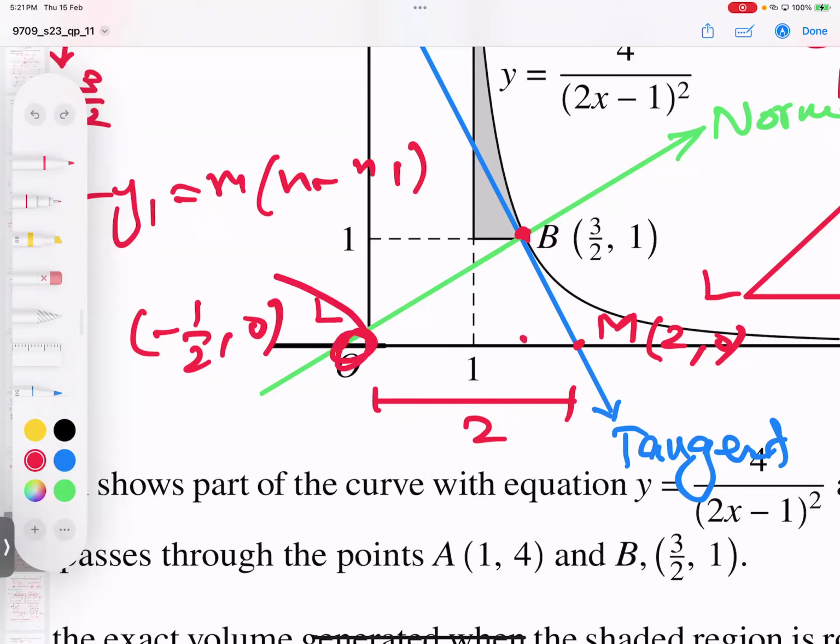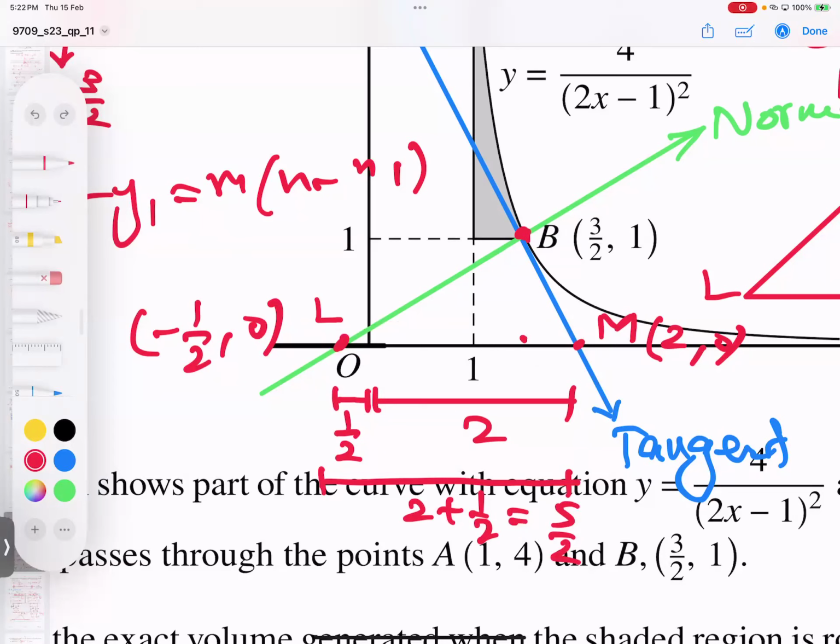This small gap is half. This gap is 2 and this gap is negative half, where negative is just for direction. I will not take negative, I take length. So what is the total gap from here to here? 2 plus half, which becomes 5/2. So the LM gap is 5/2.